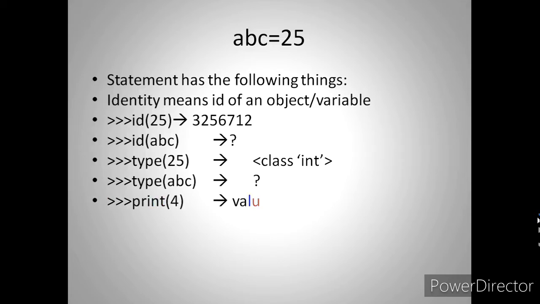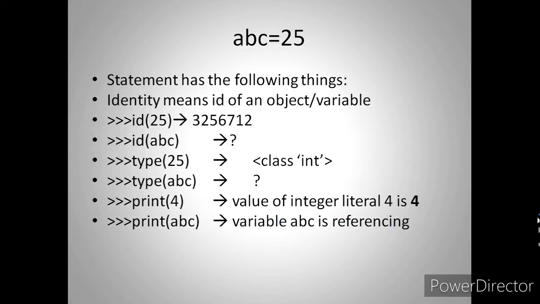Very good. So now when we say print 4, what is it going to do? It will print the literal 4. Here 4 is a literal. Literal means the constant. So whatever constant value is written within a print function, the same value is printed.